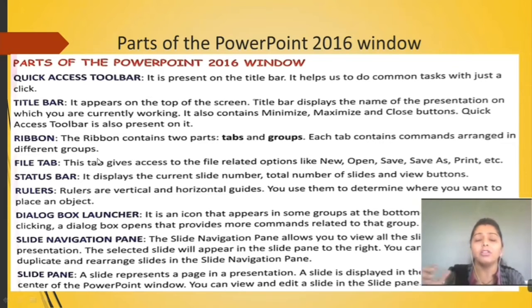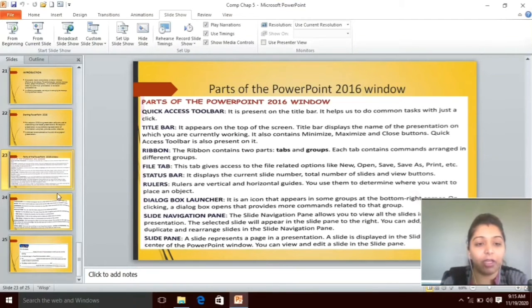The next one is the file tab. This tab gives access to file related options like new, open, save as, print, etc. Next, status bar. It displays the current slide number, total number of slides and the view buttons. First of all, we will see these three.